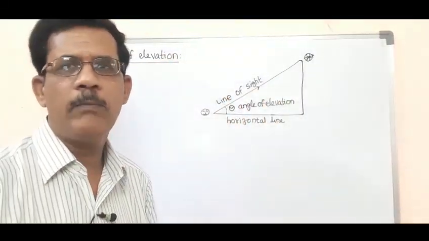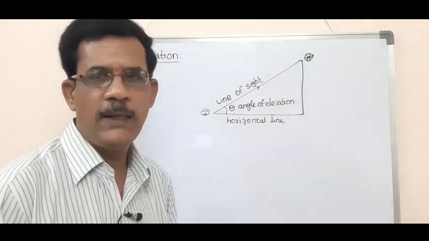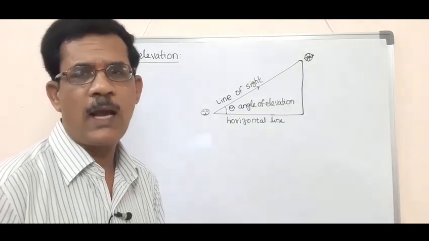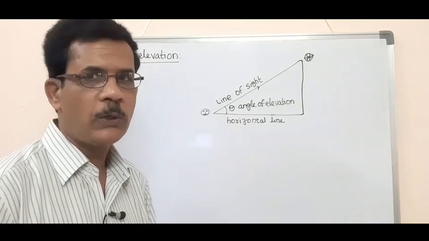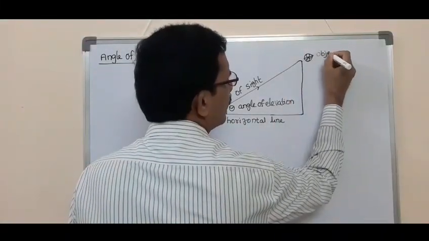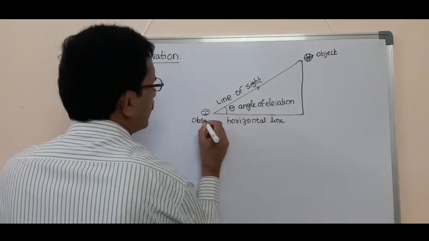So the angle between line of sight and horizontal line is called angle of elevation. In this case, object's height is higher than the height of the observer. To see the object, we have to raise our head. Here it is object and here he is called observer.